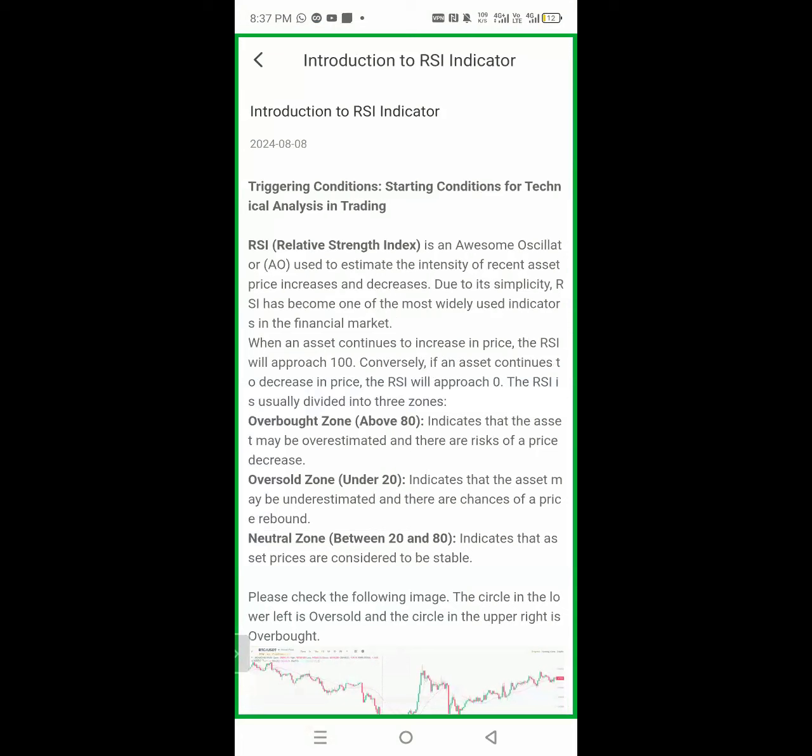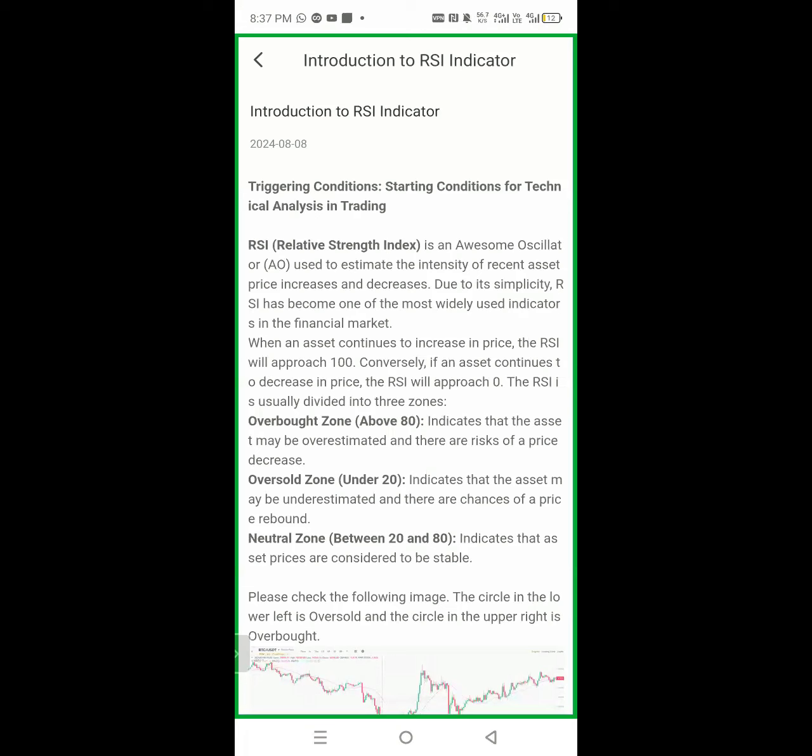So the RSI is also a trigger condition, just like the MACD, just like the stochastic, just like the KDJ.